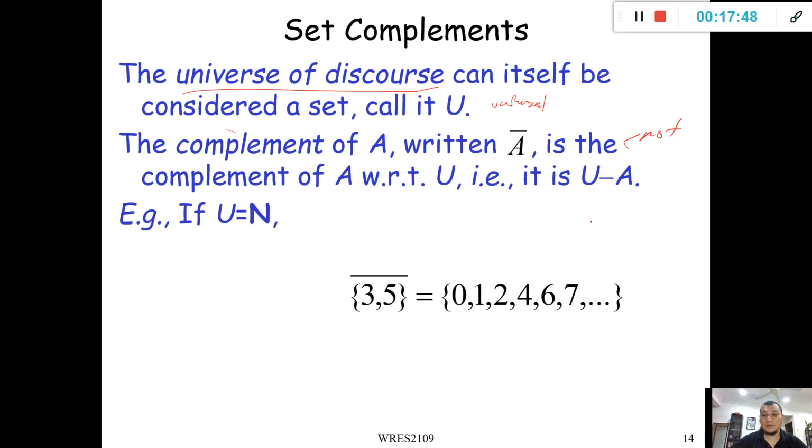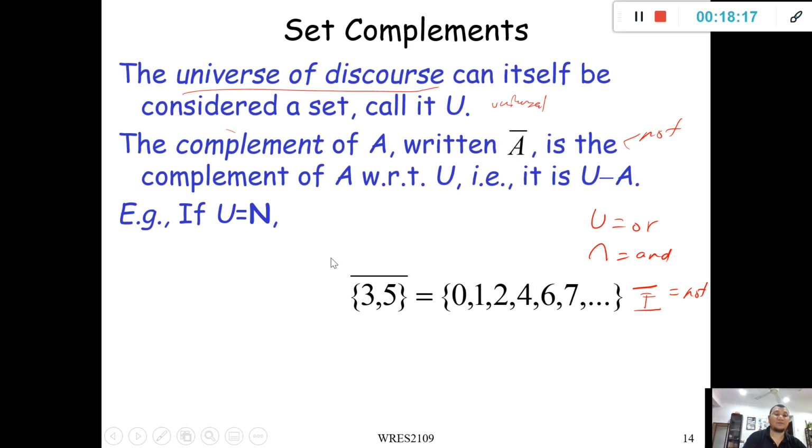So remember, this one is OR, this one, intersection, is AND, and if you have a complement, it's a NOT. The complement of A is written as A complement. It is the complement of A with respect to universal. It is U minus A. Okay, universal minus A.